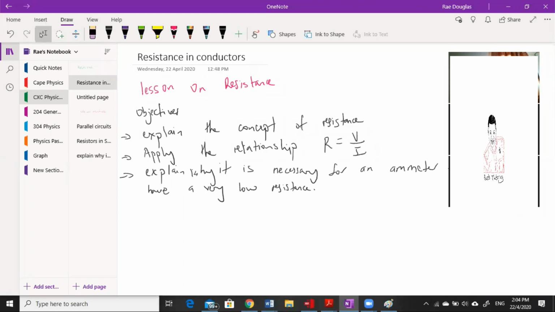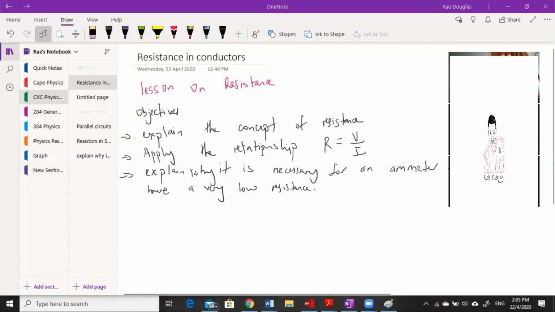So as you can see, are you seeing my screen, by the way? Yes, sir. So today's lesson is going to be on resistance, and here are our objectives. We want to explain the concept of resistance. We want to apply the relationship, meaning we want to be able to use the formula that says R is equal to V upon I, which is basically Ohm's law.